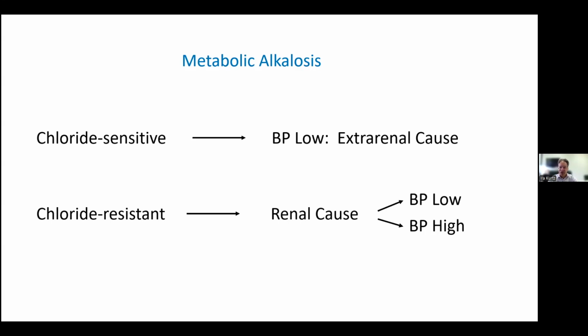So in this patient where we had blood pressure high with a metabolic alkalosis, we don't have to give chloride to find out, or we don't even have to measure the urine chloride, even though in the real world you might want to do that. You know it's going to be normal. It's not going to be chloride sensitive. There is no hypertensive, chloride sensitive, metabolic alkalemic patient that's been described.